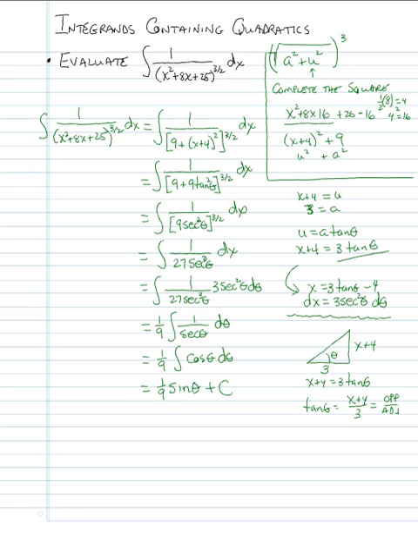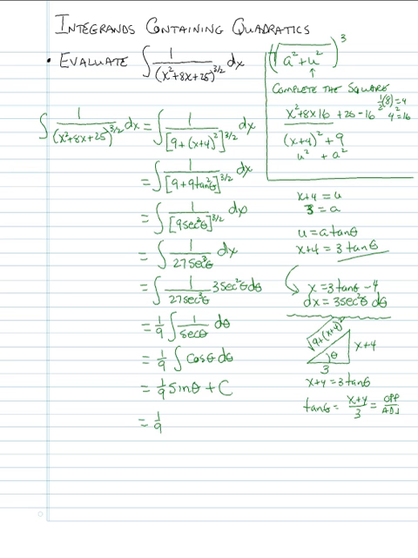And so that means the 3 is the side adjacent to the angle theta. And then we'd use the Pythagorean theorem and determine that the hypotenuse ends up being the square root of 9 plus x plus 4 squared. Now, of course, that will simplify further. We'll wait for a moment to do that.